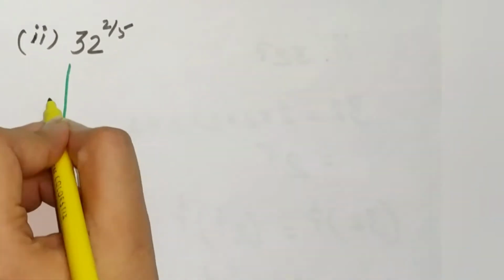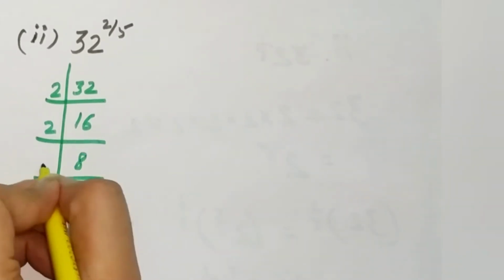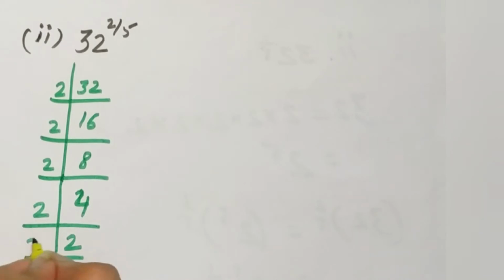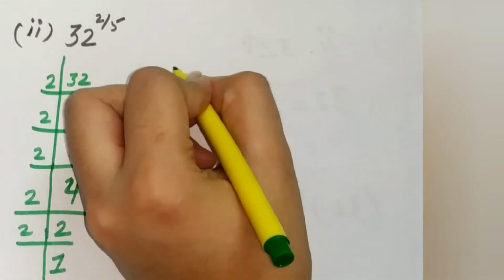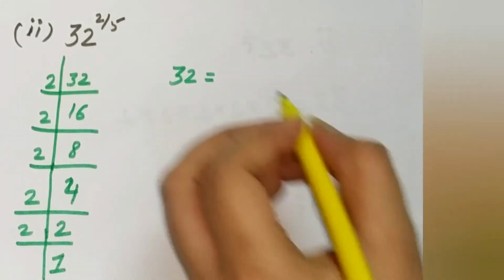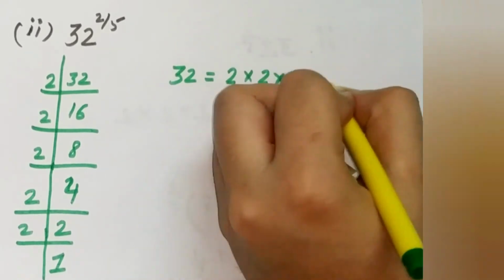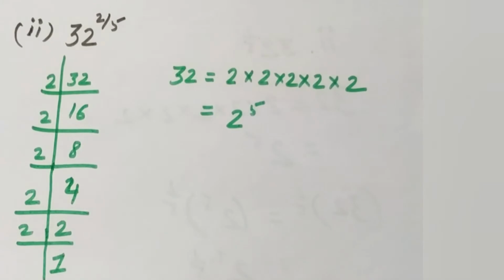Second part is 32 raised to the power 2 by 5. Find out the LCM of 32. 16 is divisible by 2, 8 is divisible by 2, 4 is divisible by 2 and 2 is divisible by 2. So 32 is equal to 2 multiply 2 multiply 2 multiply 2 multiply 2 or 2 raised to the power 5.